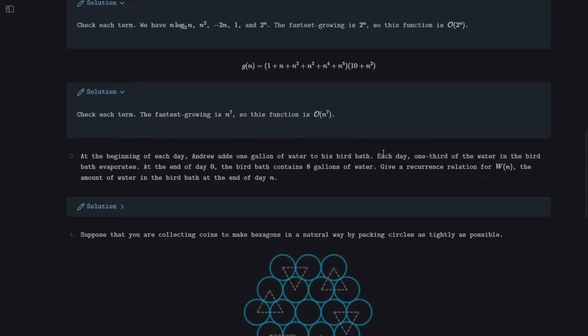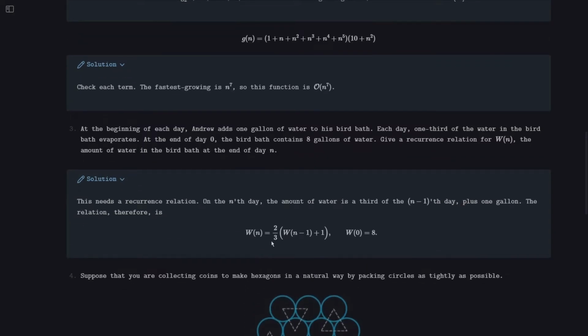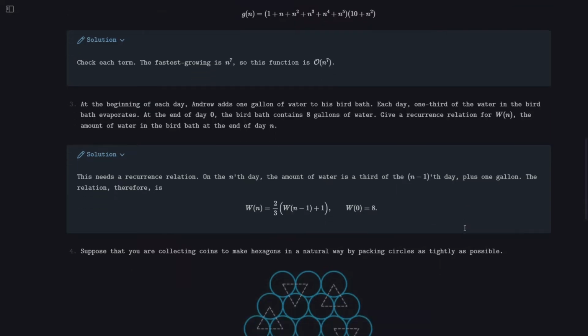So we have w of n minus 1, we add 1 to that, and then the sum is going to be multiplied by 2 over 3, because 1 over 3 of it is lost. So this is our recurrence relation. We have the previous day, and then we add 1 gallon, and then we multiply by 2 over 3, and the base case was w of 0 equal to 8. Next question.